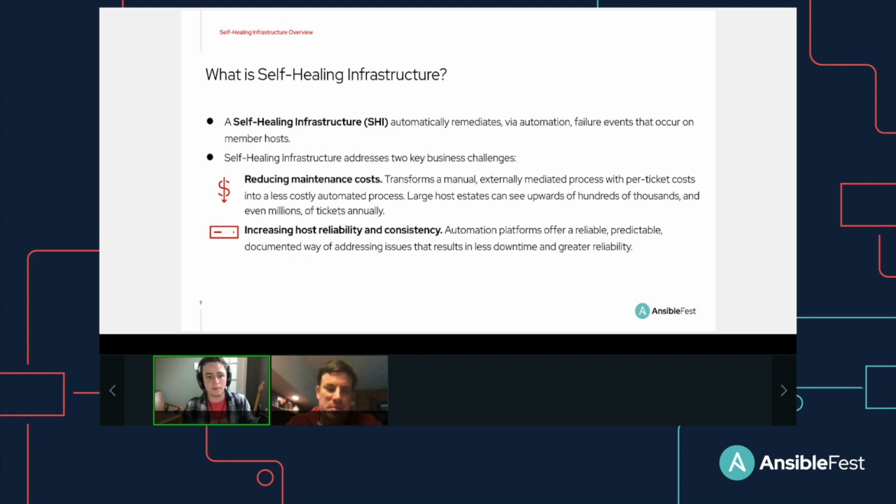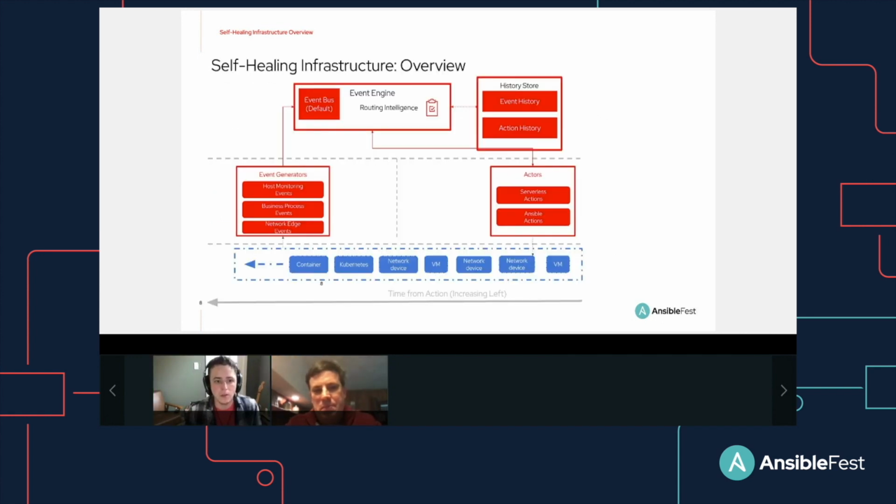Great. So let's just go through the architecture. From a high level, you have event generators on the left, which are picking up events from your systems, containers, network devices, whatever you're looking to monitor. It sends those events into an event bus, but it adds that layer of decisioning on top, having intelligent routing.